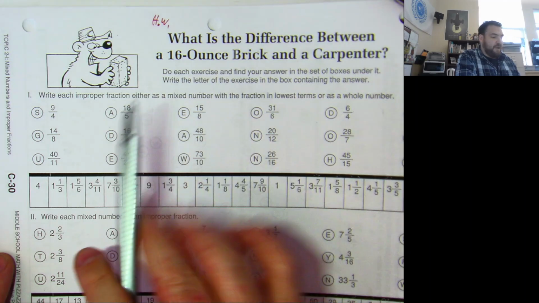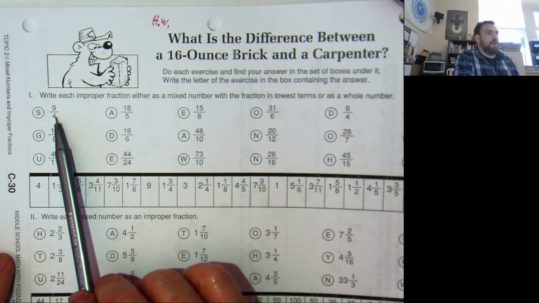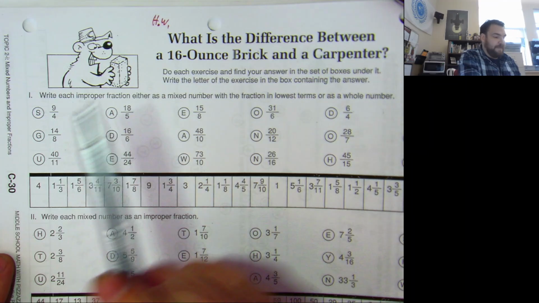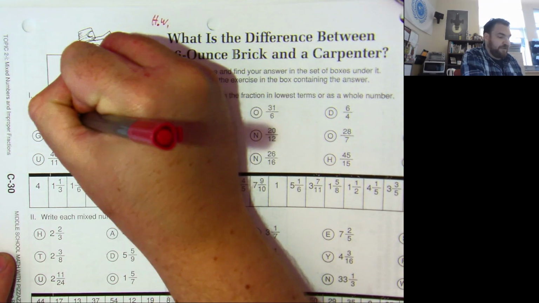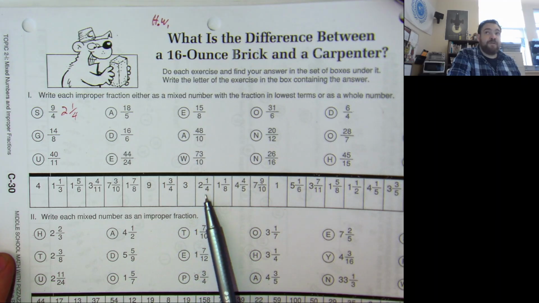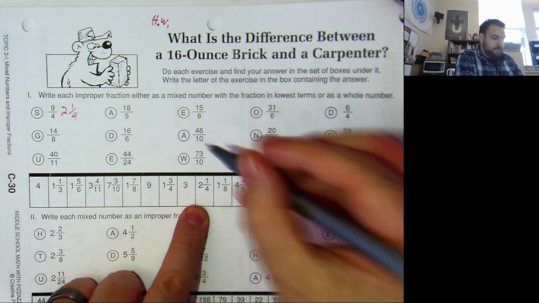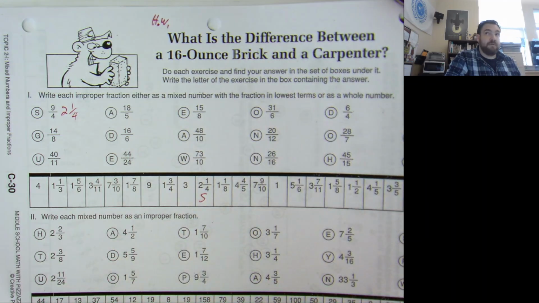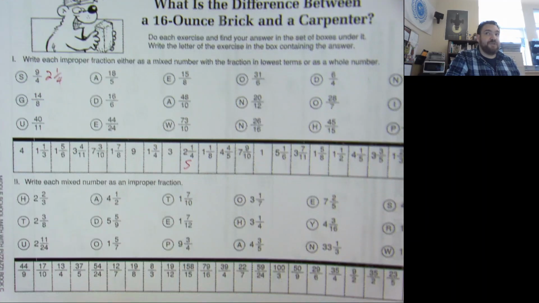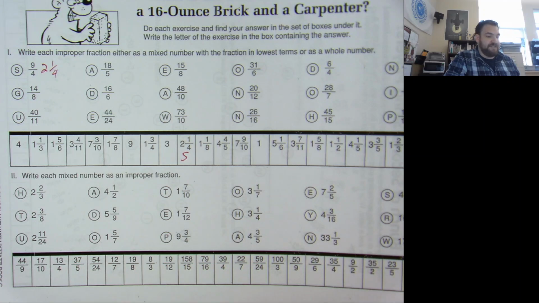Here's what I mean. What is 9/4 as a mixed number? It is, in fact, 2 1/4. So you'd find 2 1/4, and you'd put an S. And you'll do all those questions, and you'll figure out what the difference is between a 16-ounce brick and a carpenter. It'll be some sort of bad pun. I'm a huge fan of bad puns.